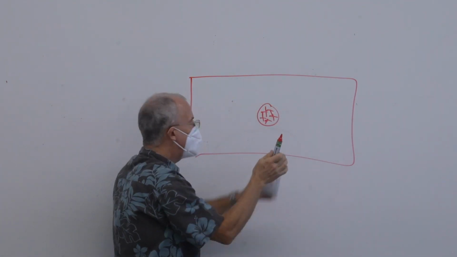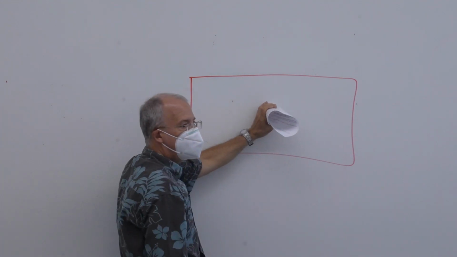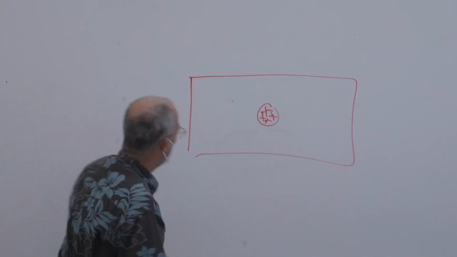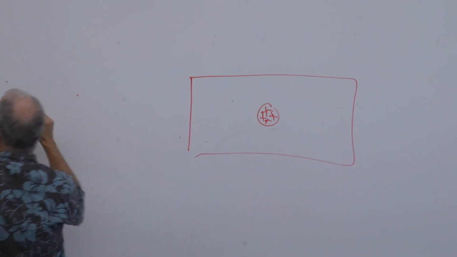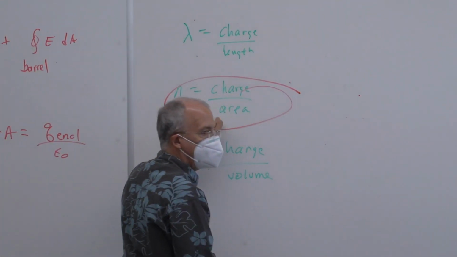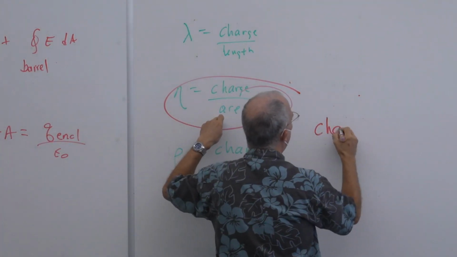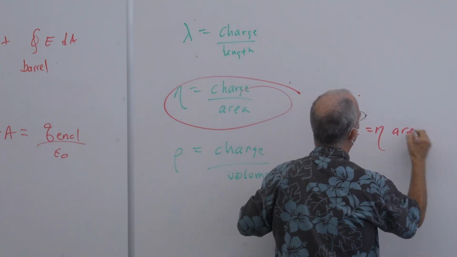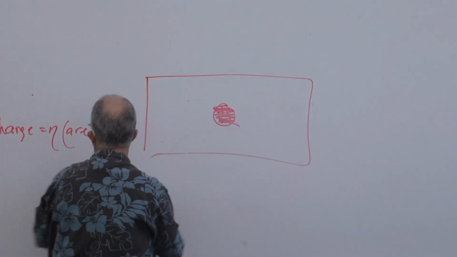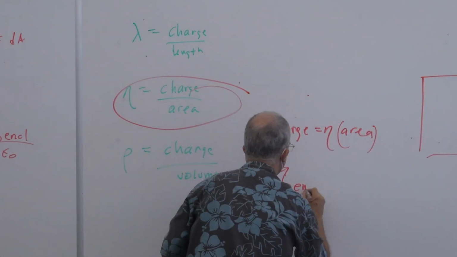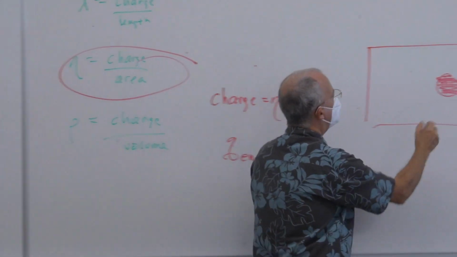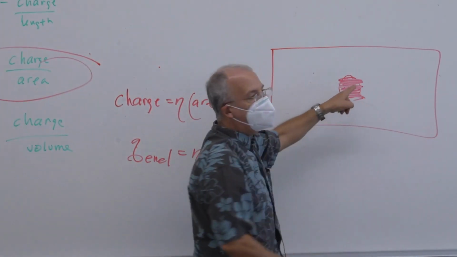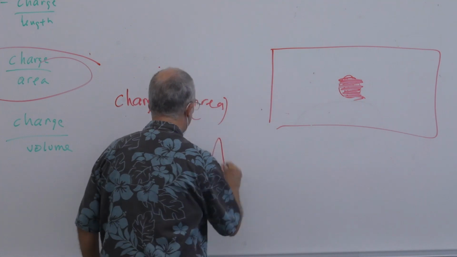It's a plane. That's the only charge enclosed. Okay, and then we know that eta is charge over area. So generally speaking, charge is equal to eta times area. So the charge enclosed is just eta times this area. And what's that area? It's just A.